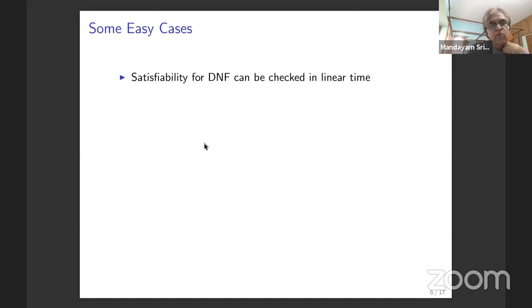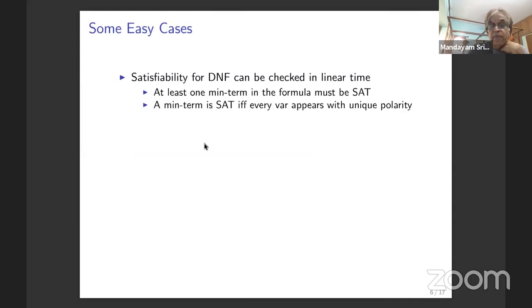Before I go into the DPLL algorithm itself, I want to point out some easy cases for deciding Boolean formulas. If you have a formula in DNF form, satisfiability can be checked in linear time, because a DNF formula is a disjunction of minterms, where a minterm is a conjunction of literals.